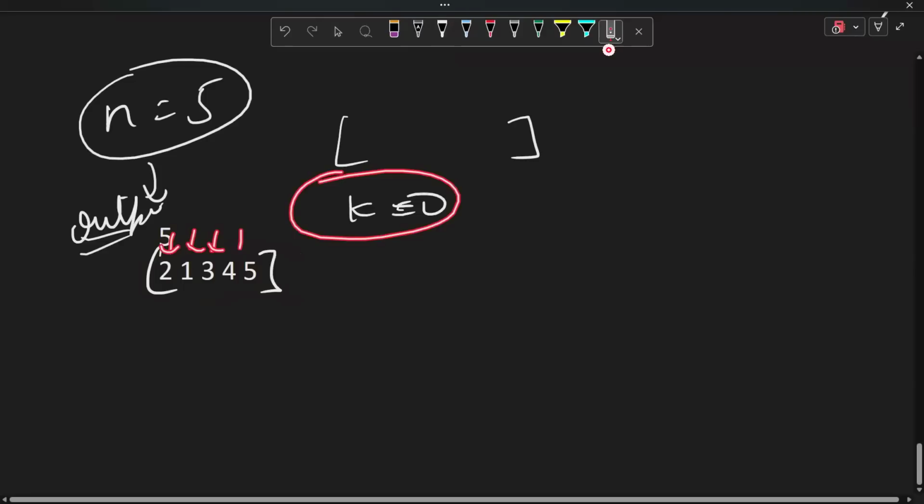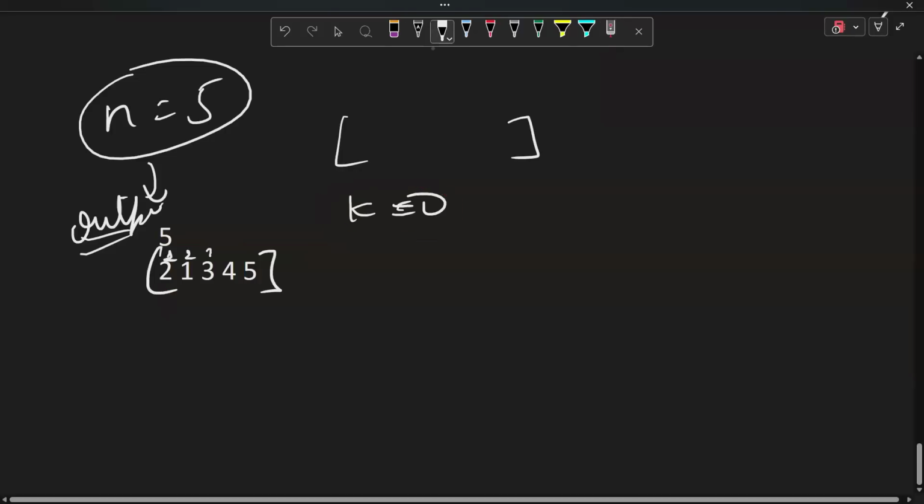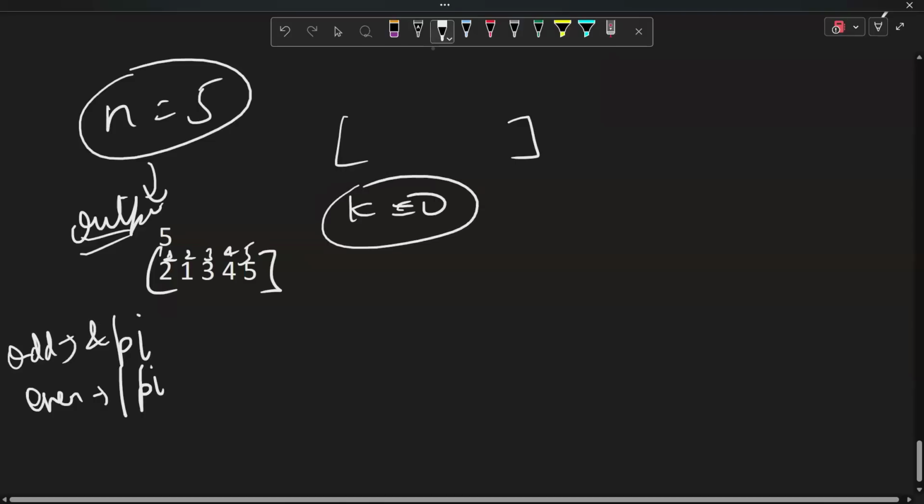Now, what is the k you get by performing operations in this case? You start with k equal to 0. For all the odd indexes, you do an AND with p_i. For all the even indexes, you do an OR with p_i. So you start with k equal to 0.